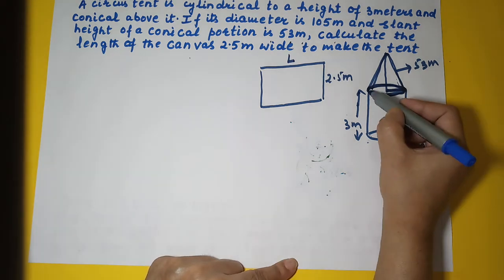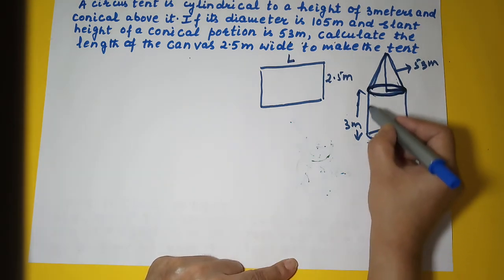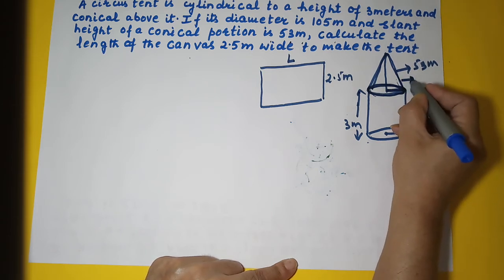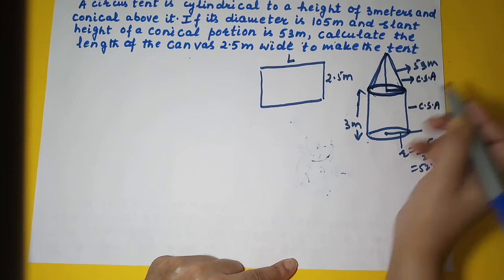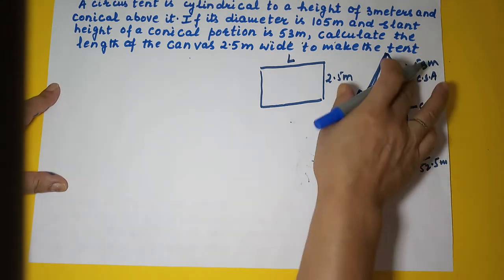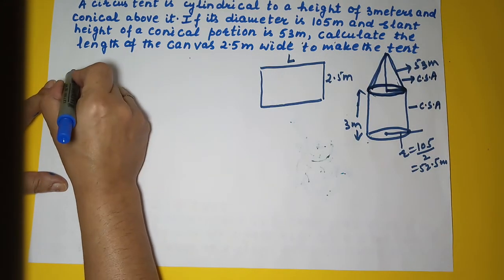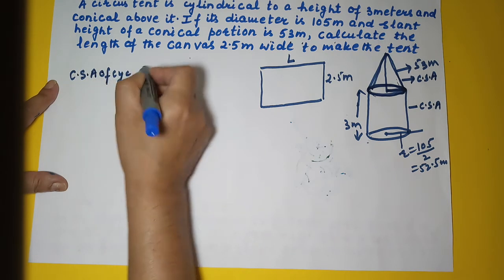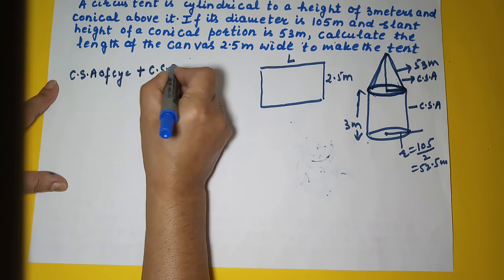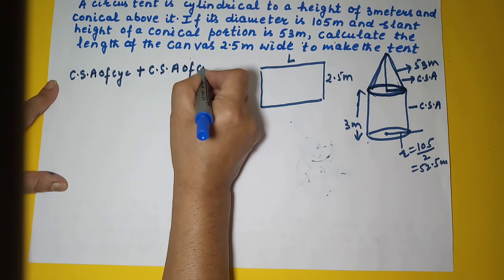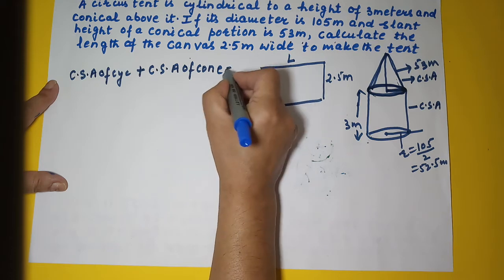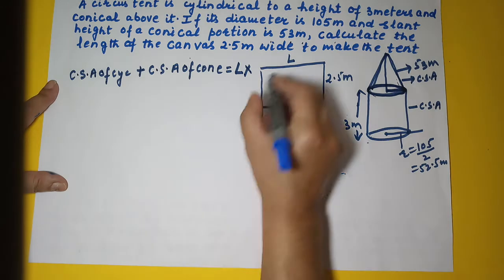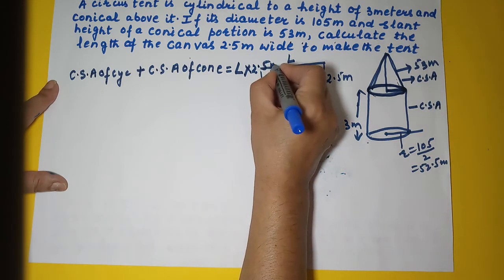We will take into consideration the curved surface area of this cylinder and the curved surface area of this conical portion. So our total area will be CSA of cylinder plus CSA of cone, and that will be equal to the area of the cloth, which is equal to length into 2.5 meters.